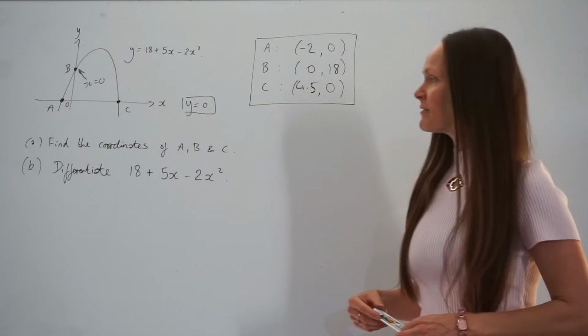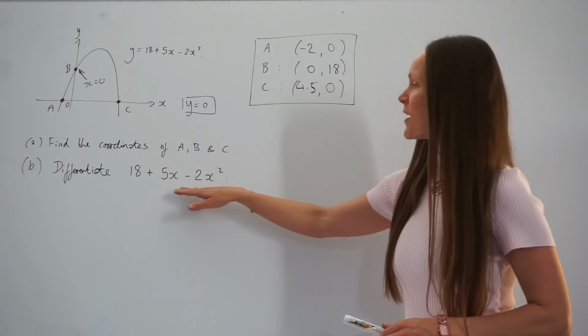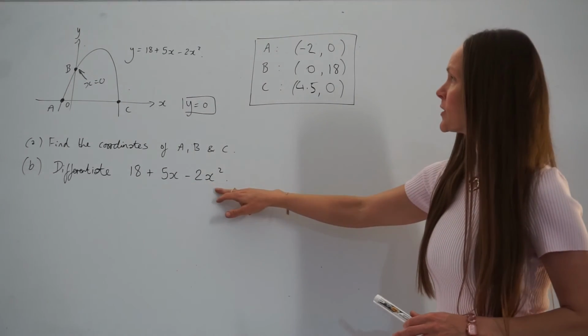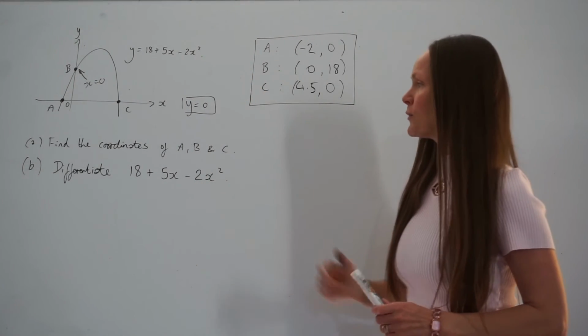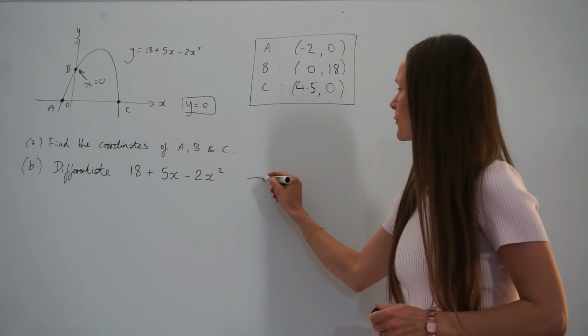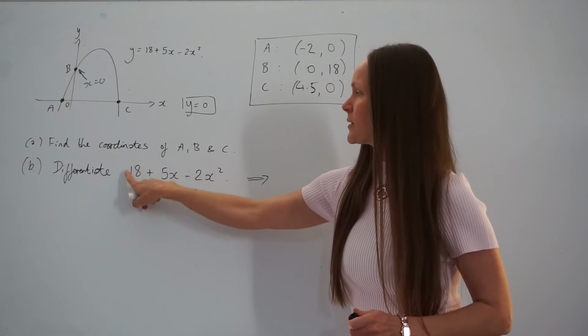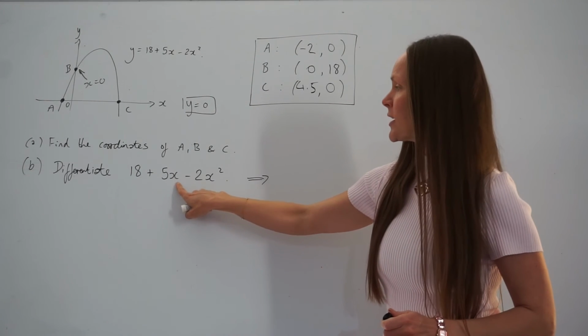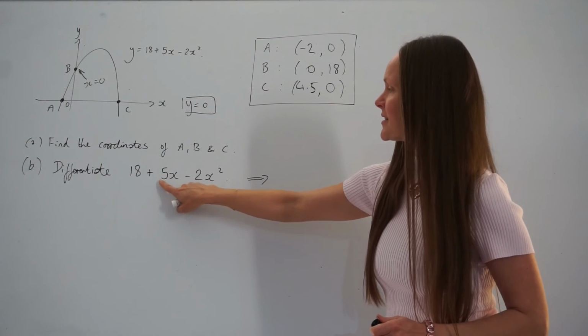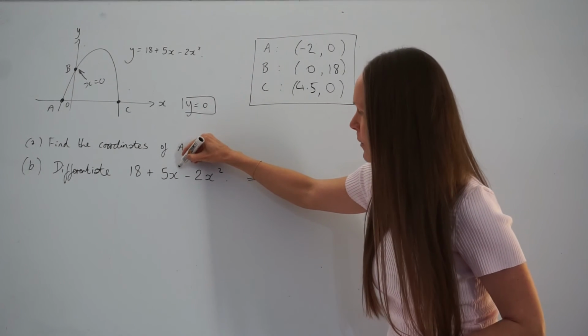In part B, we have to differentiate 18 plus 5x minus 2x squared, which is from the equation of the curve. So remember, when you differentiate a constant, okay, so a number without x, this will go to 0. If you differentiate positive 5x, it's the same thing as 5x to the power of 1.